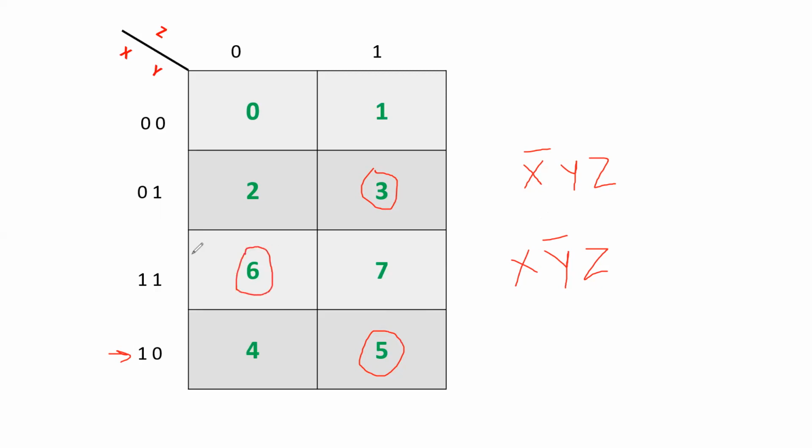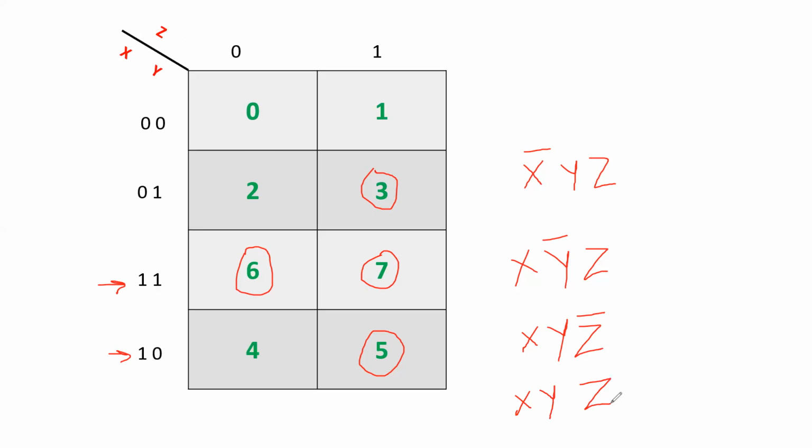For 6, the expression has the form x y, and its z value is 0, so it should be z complement. Similarly, for the last value 7, we have x and y as 1, 1, so x and y and z is also 1.